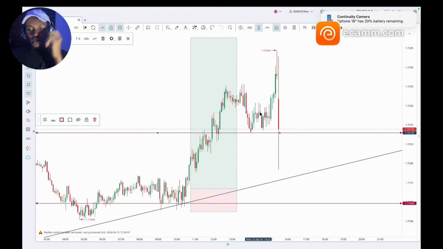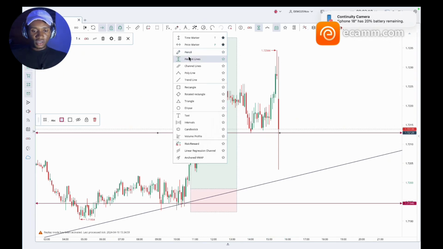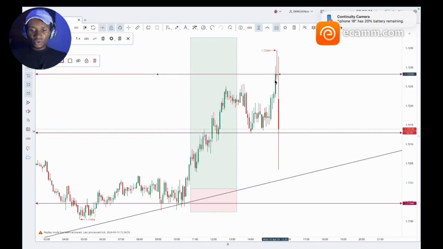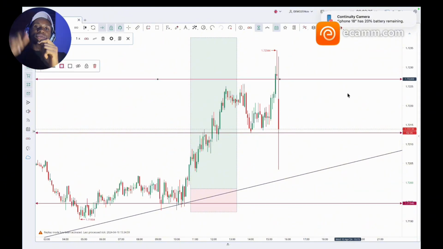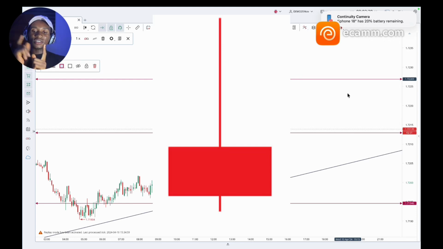Okay, now looking at this market now, you would clearly come out of the market at this point. This is your clear exit. Can you see how the long wick came down and closed as a red candle? That's your clear sign. In fact, once you see that, just run away from the market, like with speed.